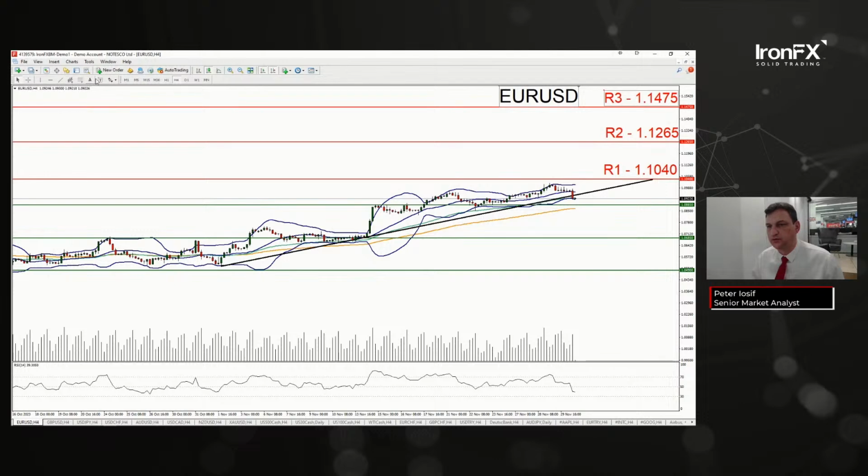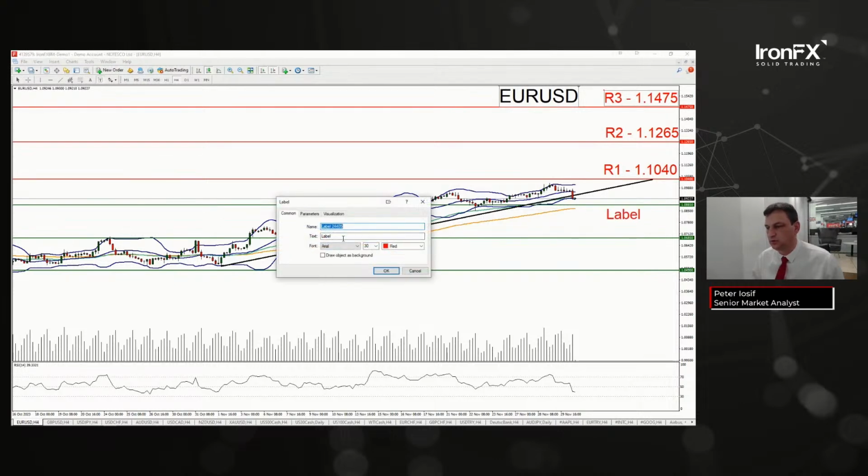The S1, first support line, being set at 1.0885, in green, please.